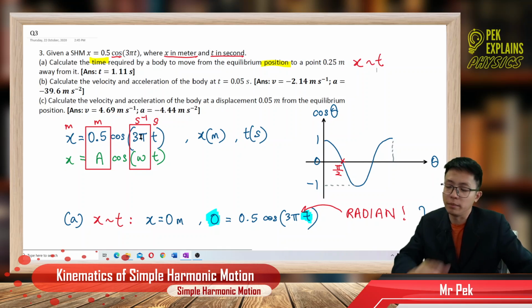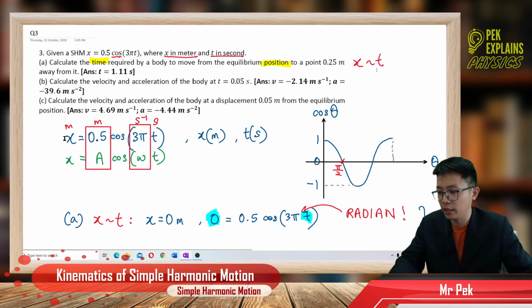Before we go to question A, I just want you to always compare the given displacement-time equation with the general equation. Write the general equation just beside the given equation. The general equation is x equal to A cos omega t.